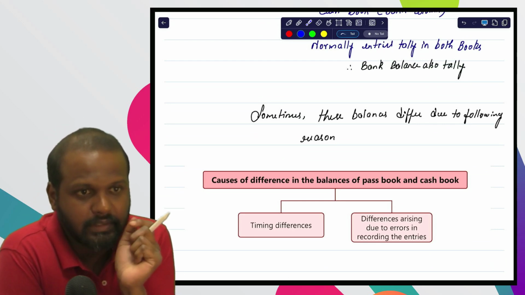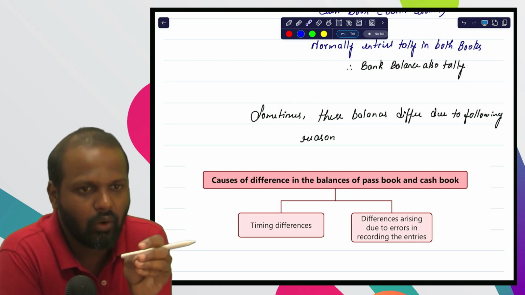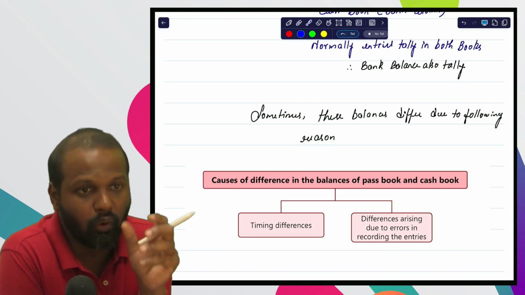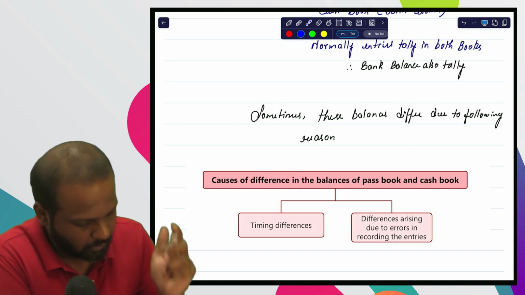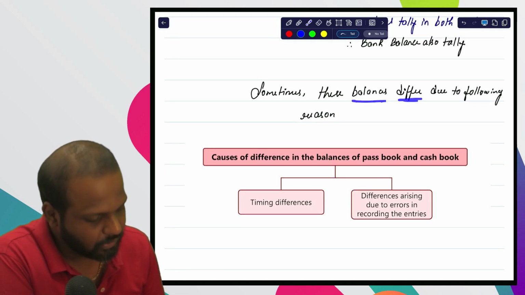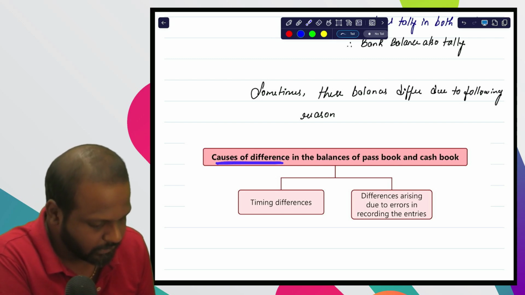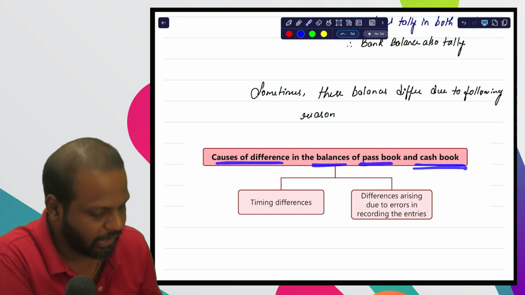Now understand why balances will not tally. Cash book balance, why will it not tally with the passbook balance? What is the reason for that? So we are talking about balances differing due to the following reasons. Causes of difference in the balance of passbook and cash book.